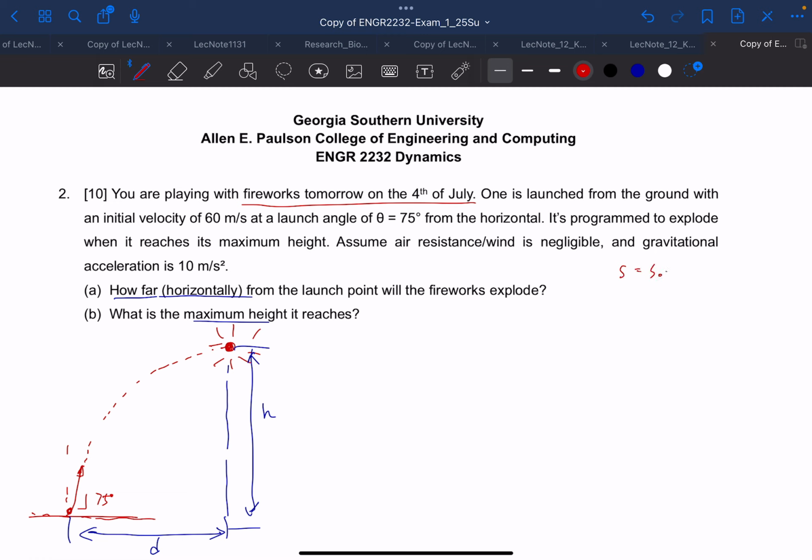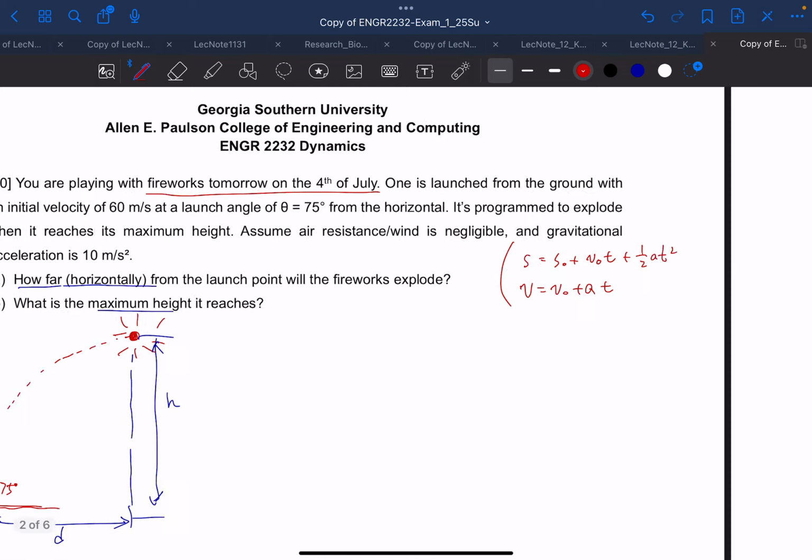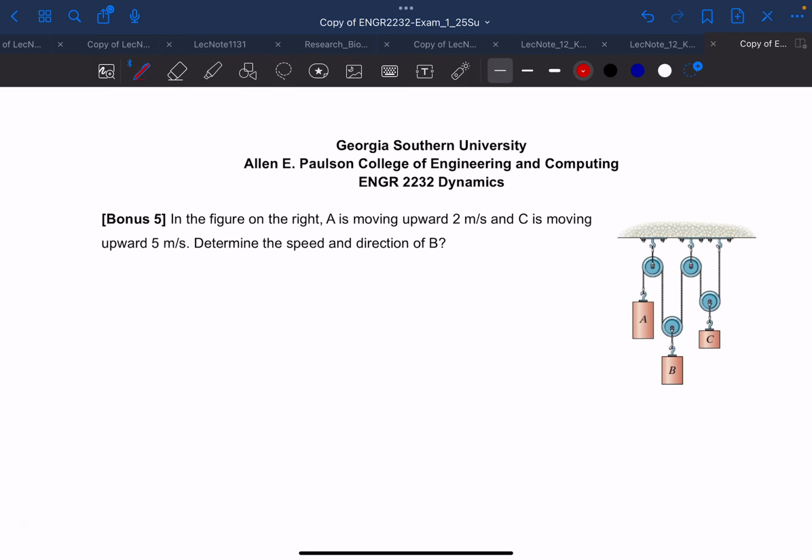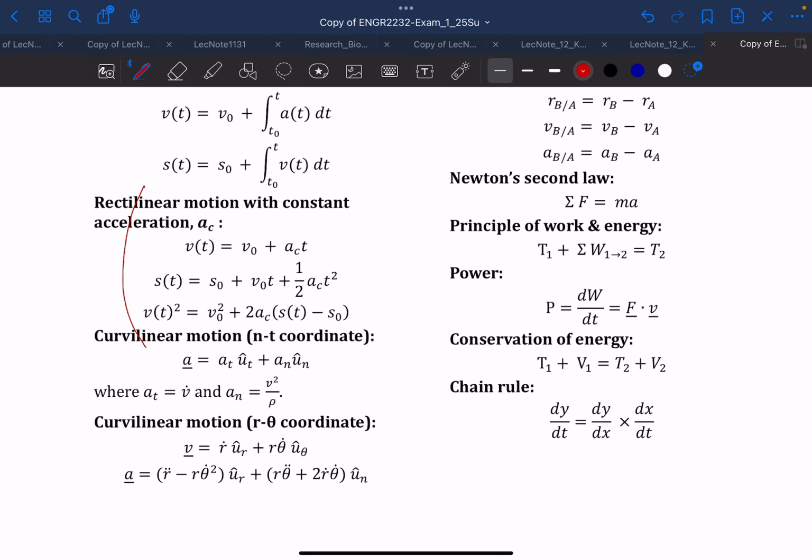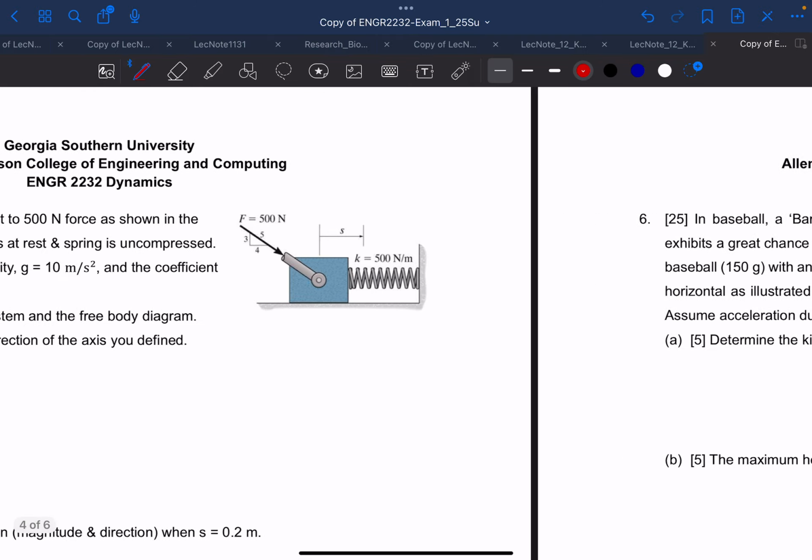S is S naught plus v naught t plus 1/2 a t squared, since the acceleration is constant, and v is v naught plus gt, or at. At least we can use these two, and they're provided here, so you guys can utilize these things.